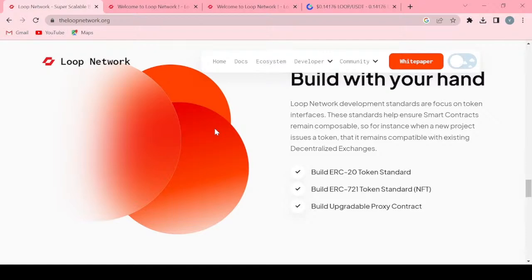Here you have the ERC 20 token and the ERC 721 token, which is the standard for NFTs. We can also create NFTs on the ERC 721 token, and build upgradable proxy contracts. So Loop Network development standards are focused on token interfaces, which help ensure the smart contracts remain composable.